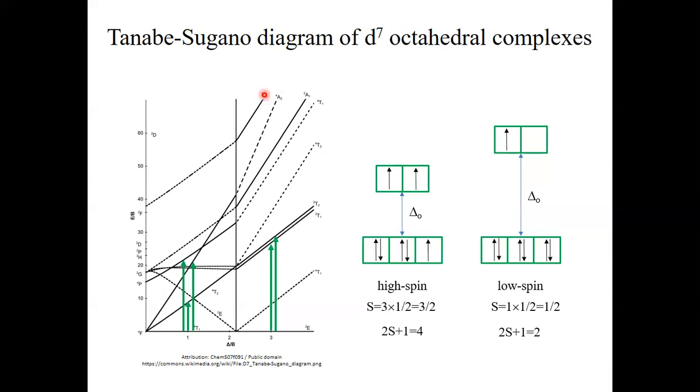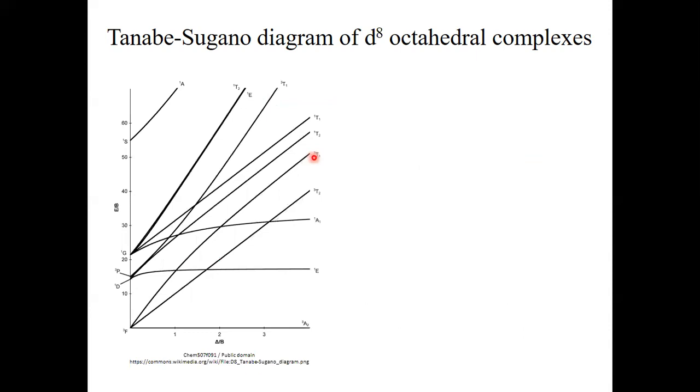All right, so now let's go to the d8 electron configuration. For the d8 electron configuration, things are simpler again, because we cannot have high and low spin complexes.